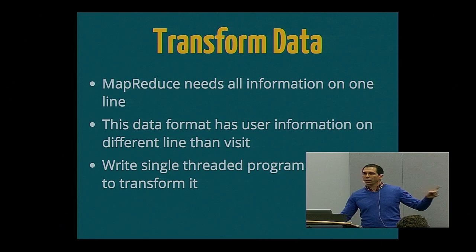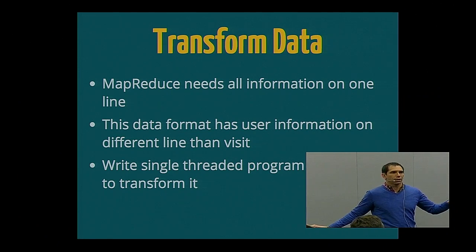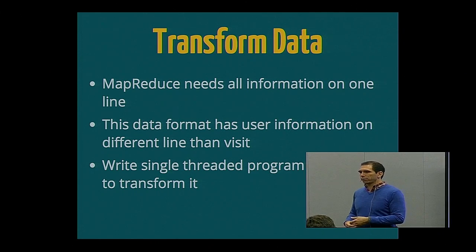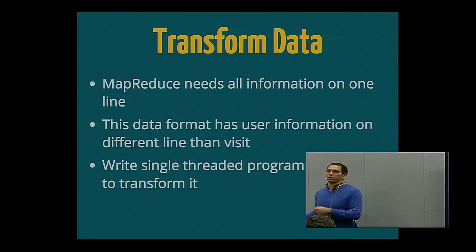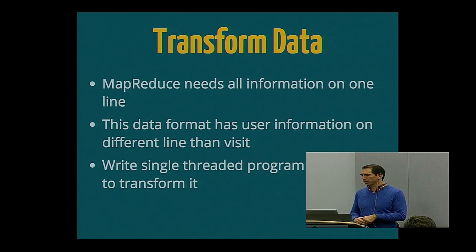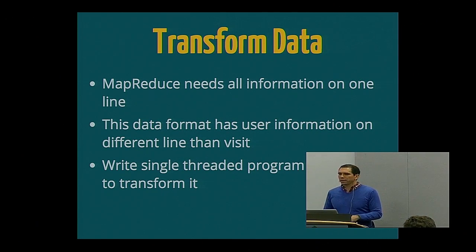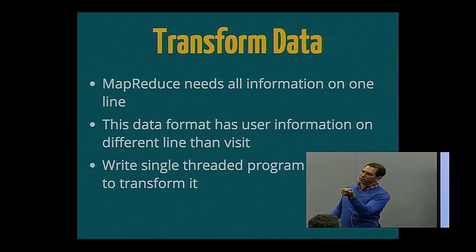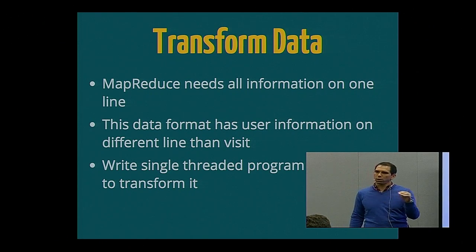But if we wanted to transform this data somehow, not all data is prepackaged, ready to go for MapReduce. There are times when you might want to transform your file so that it's more amenable to being processed in MapReduce. In this case, you'd want either a single-threaded program, or, if you're very clever about how you split the file on customers, you can maybe do this somewhat in parallel.